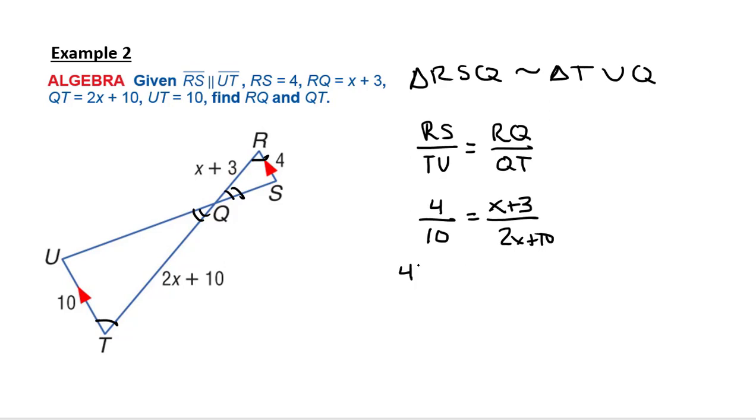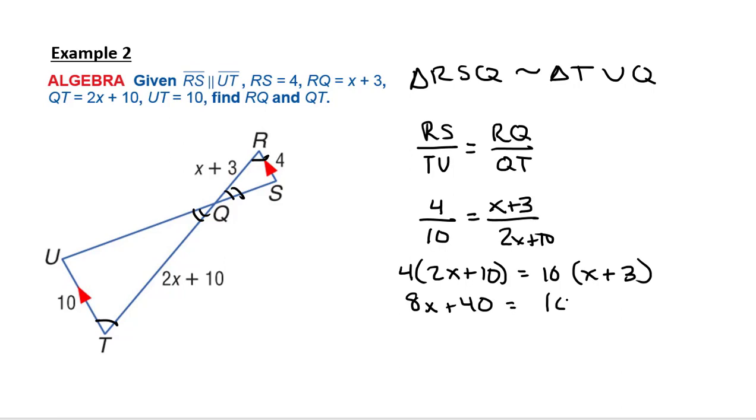I cross multiply. And I simplify. 8x plus 40 is equal to 10x plus 30. I subtract the 8x over, so I get a 2x. Subtract the 30 over, so I get a 10. X equals 5.